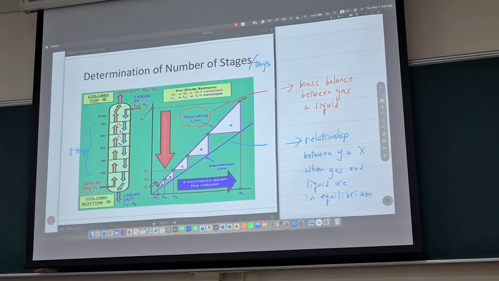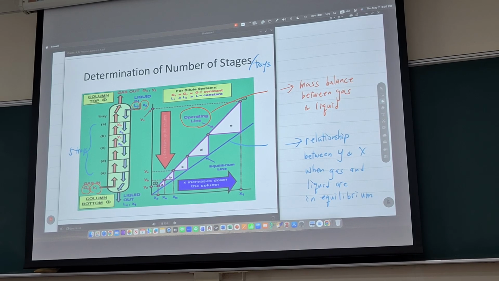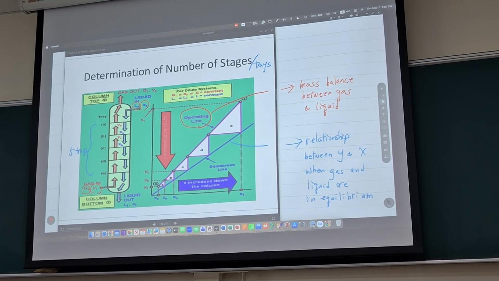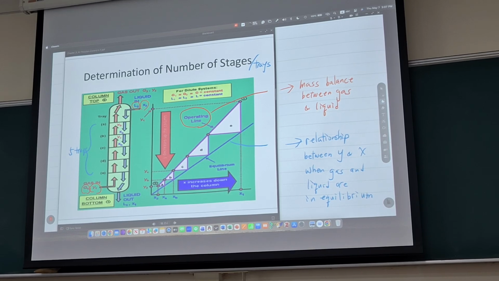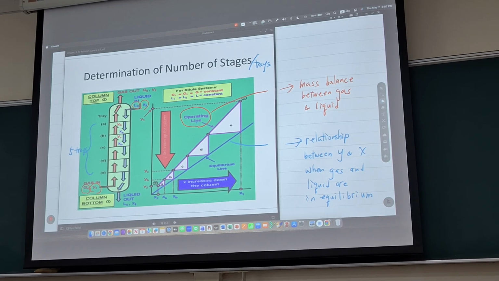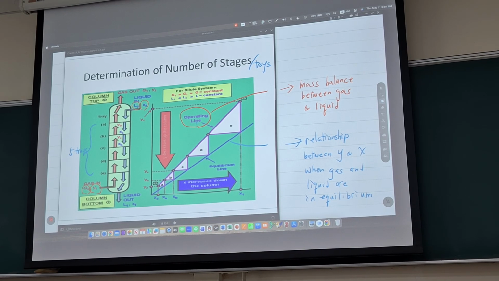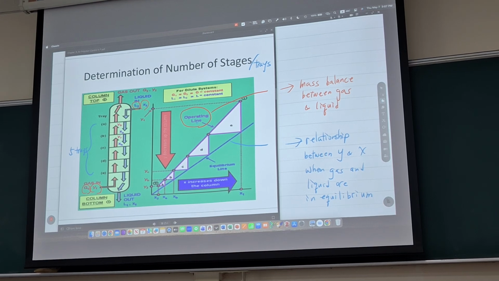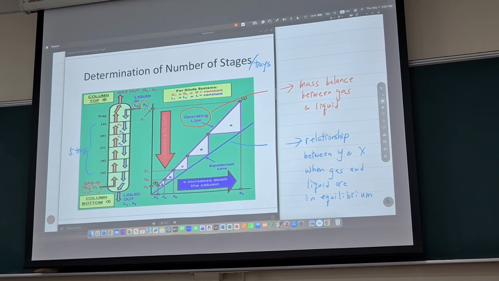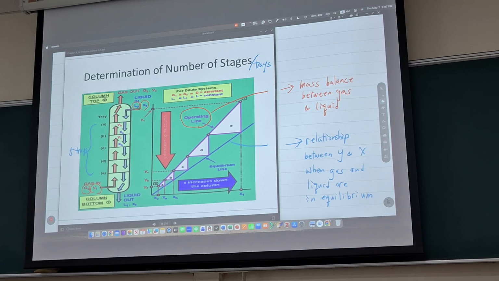So at equilibrium, there's no net mass transfer, okay? And also keep this one in mind: the operating line must occur above the equilibrium line. Okay? Then you will have the driving force of absorption.